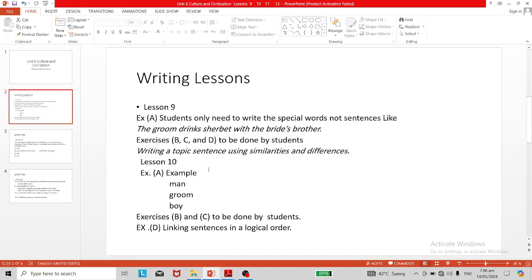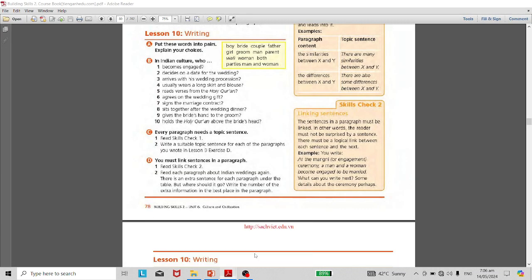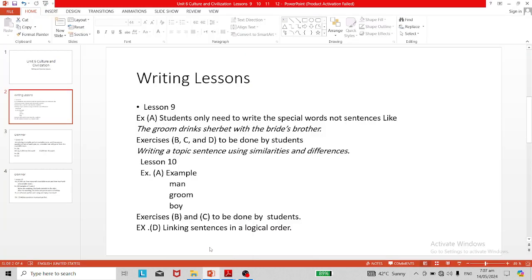For exercise A, the question is what? Put these words into pairs, explain your choices. I'll do one for you as an example in the PowerPoint presentation here. So I put man, groom, and boy as one group because all of them are about what?